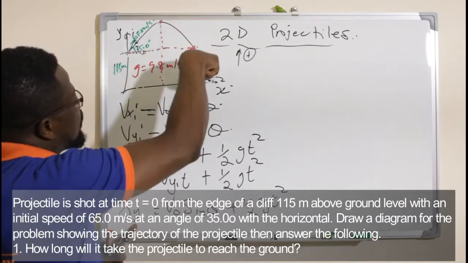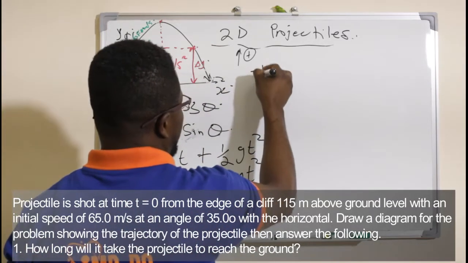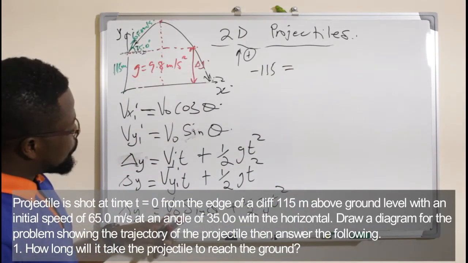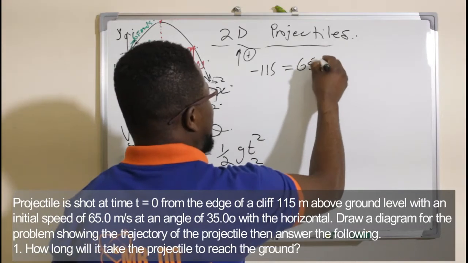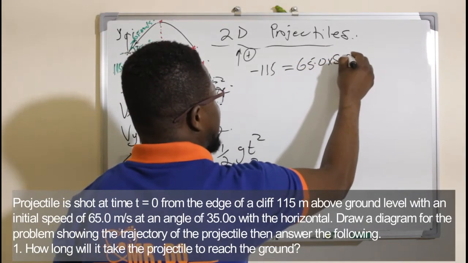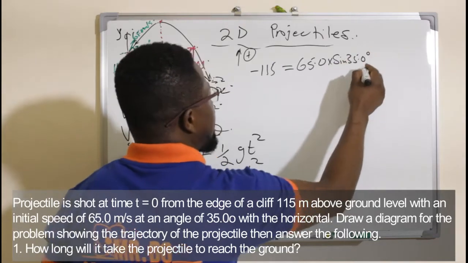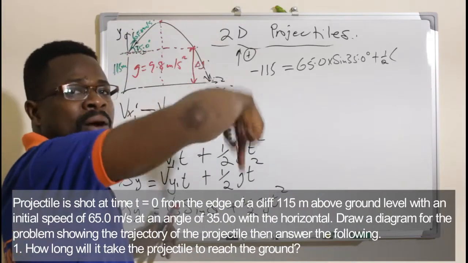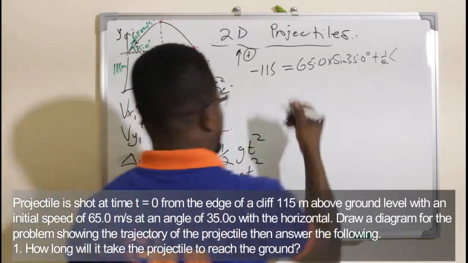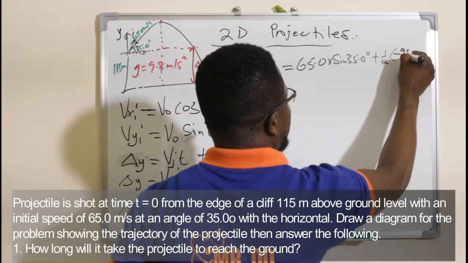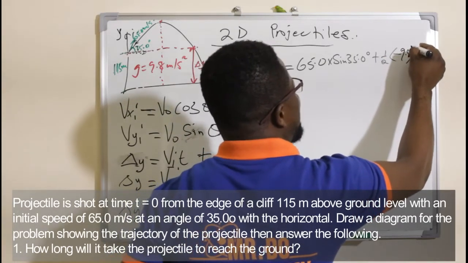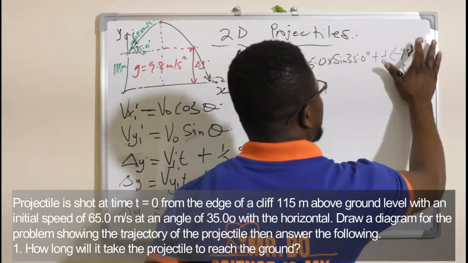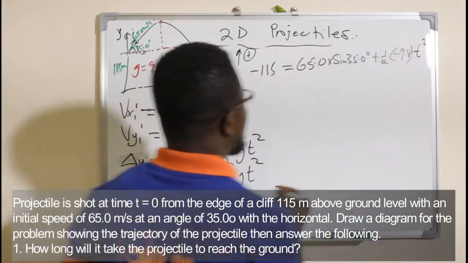Change in y is going down, so that should become negative 115, equal to v naught, 65.0 multiplied by sine 35.0 degrees, plus half. G is always acting downwards, so that should become negative 9.8, multiplied by t squared.